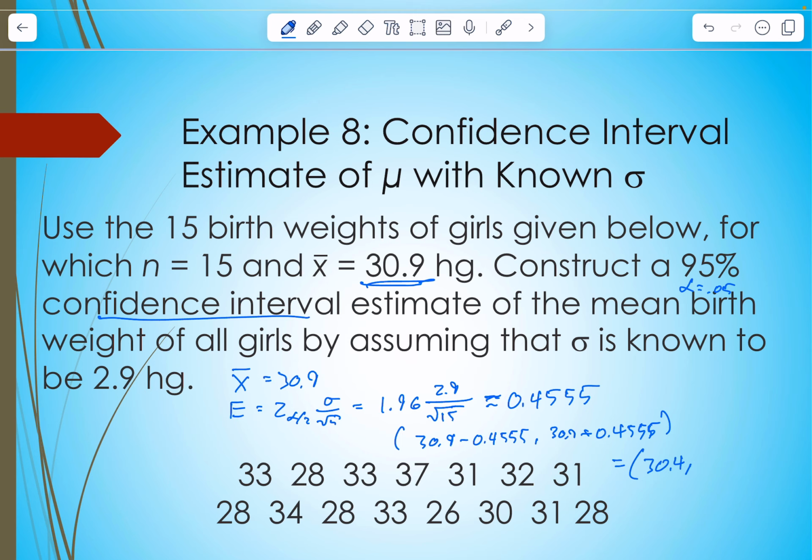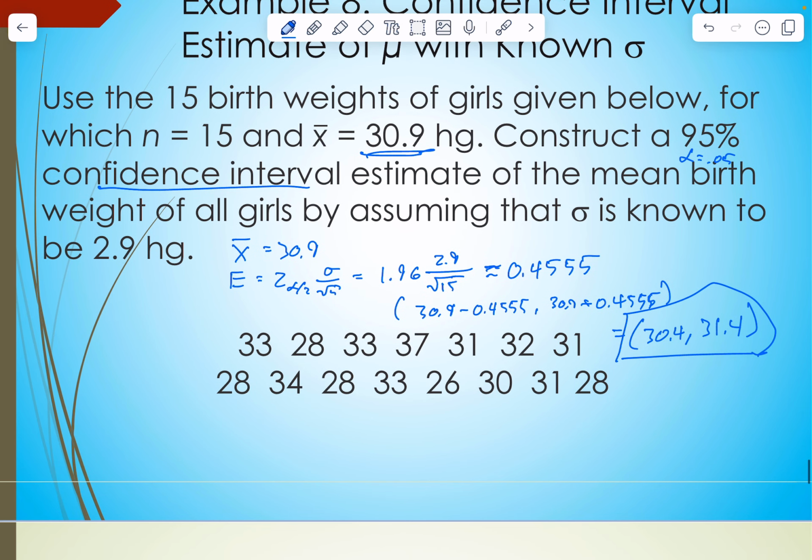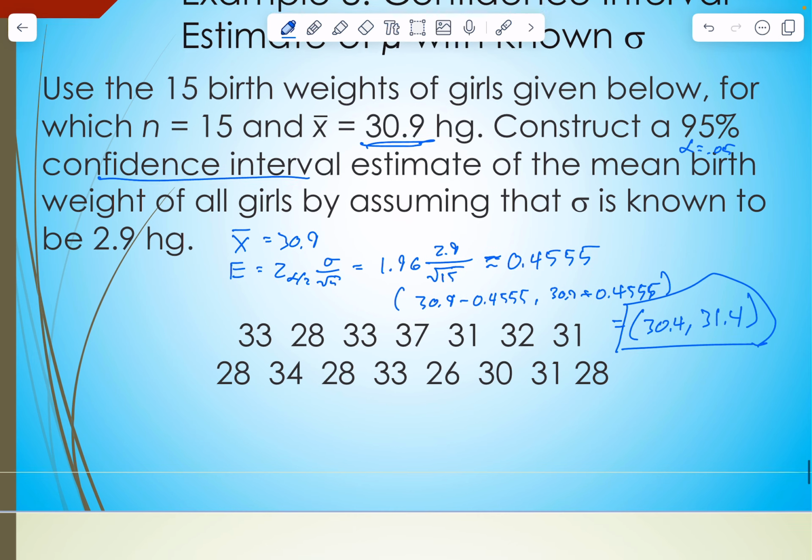And on the other hand, I get 31.4 also. And so that right there is my confidence interval, 95% confidence there.